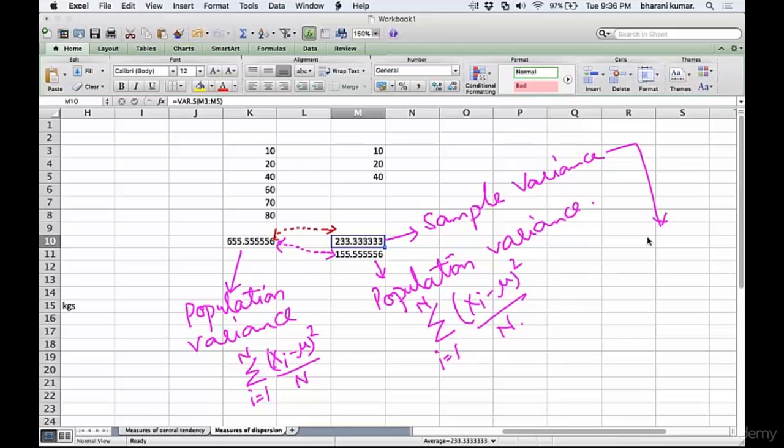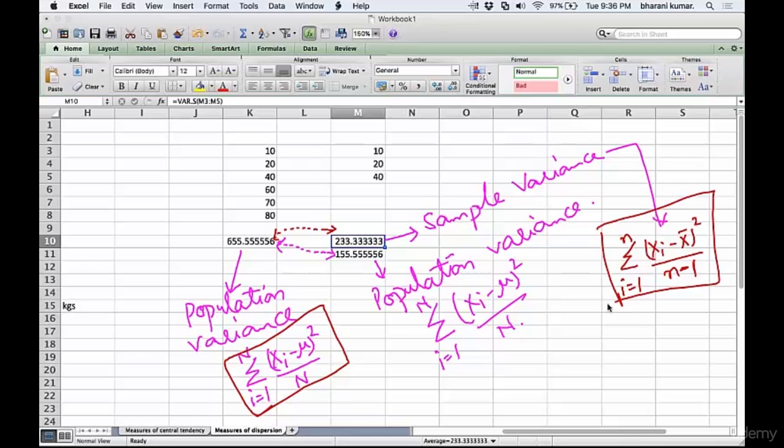Because the formula here is as follows: sigma i equal to 1 until n, xi minus x bar whole square divided by n minus 1. This versus this, right?